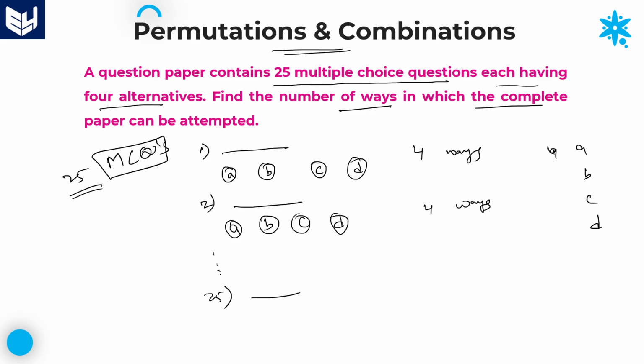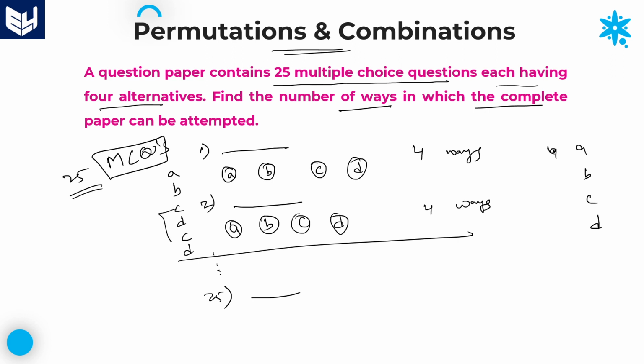Why? Because after 4 questions are completed, suppose the answer for the first question is A, second question B, third question C, and the answer is D for the fourth question. Once these 4 options are over, again I have to choose any of the 4 options A, B, C, D from the 5th question onwards, right? If I choose C again, after that I can choose D also, right?